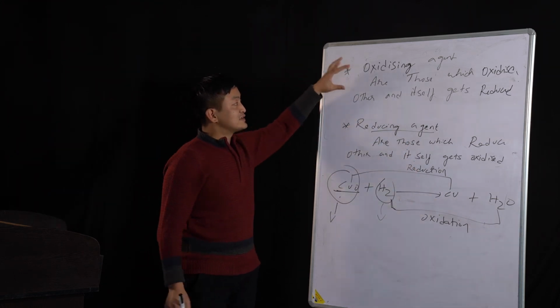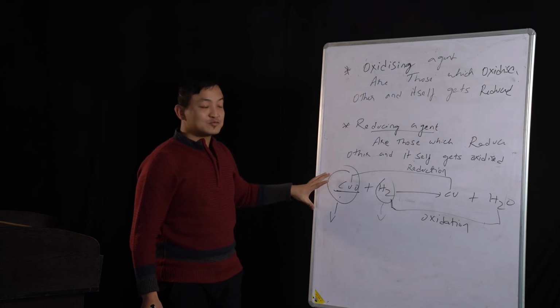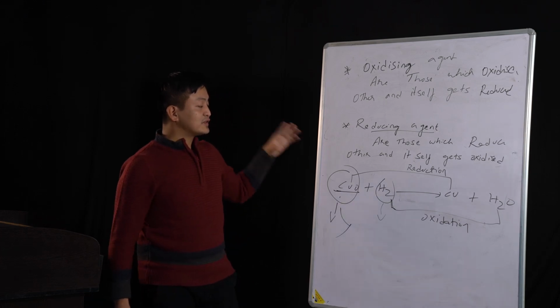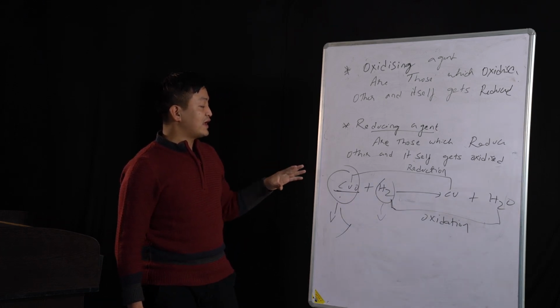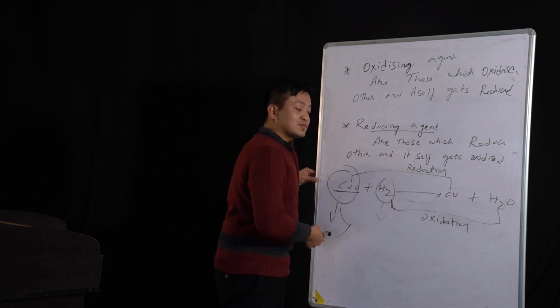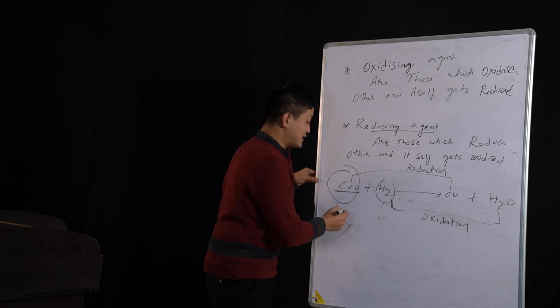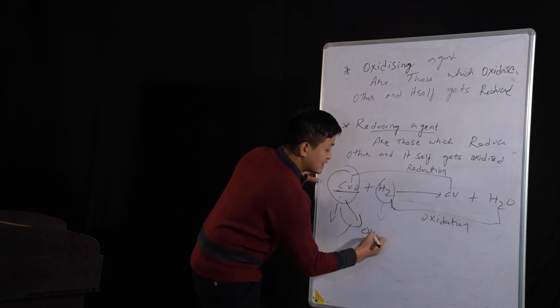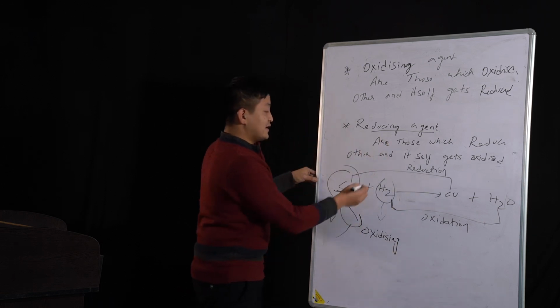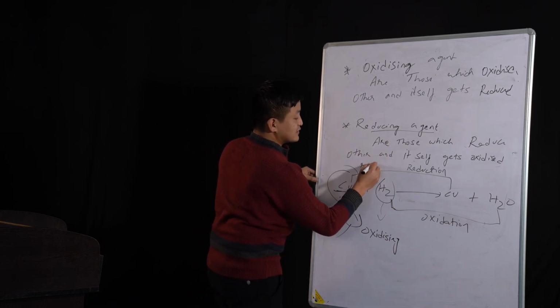So please note down this definition and equation as well. Whenever you write this equation, you have to mention everything clearly: where the reduction is taking place, where oxidation is taking place, and which one is an oxidizing agent and which one is a reducing agent.